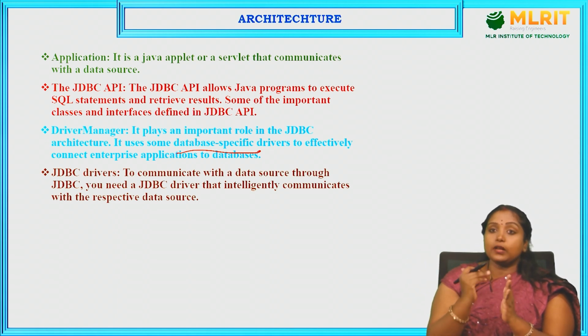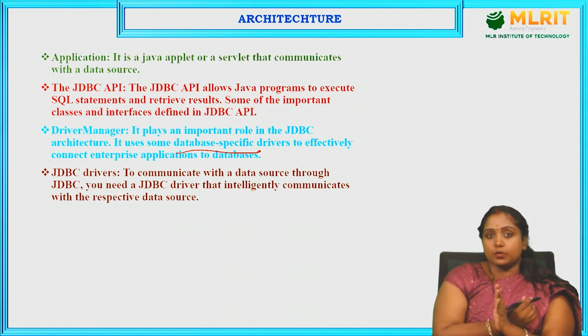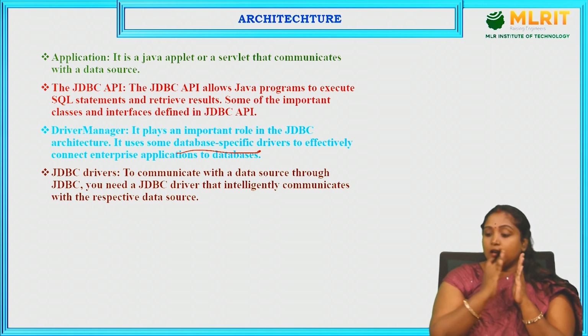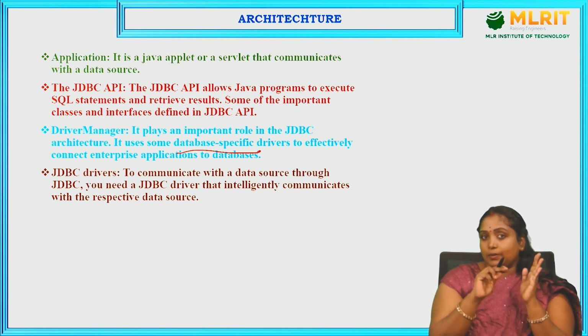As well as whatever person B responds, the mediator will communicate the response to person A. In the same way, in order to communicate Java with a database, you need a middleware called the JDBC driver.